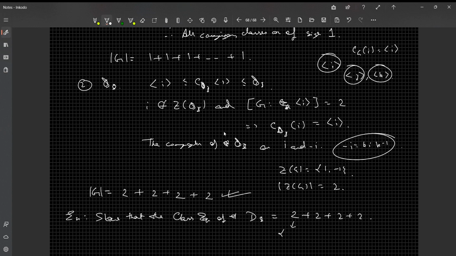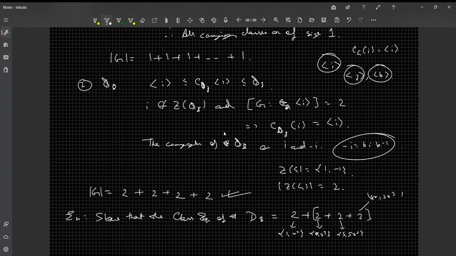So this is from the set {1, r squared}. Then frame this part. What are the possible centralizers? Okay, I'm giving more hints. So this index is from the centralizer of r cubed. This is from s r squared, and this is from s r cubed. Then try this out.